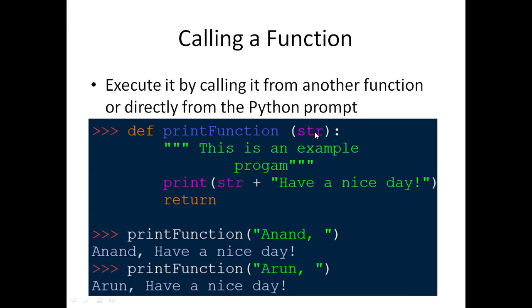Here it is a string, the str parameter, so you have to specify a string. Then it will execute and print that string concatenated with have a nice day. So Anand will be printed concatenated with have a nice day.